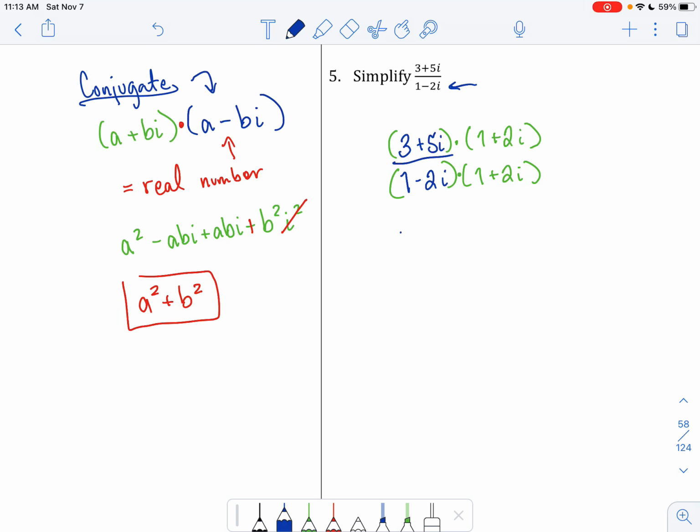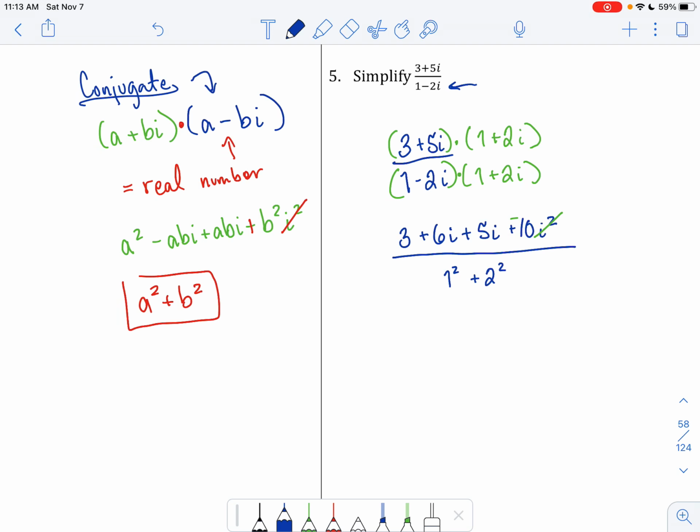In the top, we get 3 plus 6i plus 5i plus 10i squared over, and you can use the rule or you can multiply it out. I'm going to use the rule, 1 squared plus 2 squared. Then we can simplify here, make it a negative.